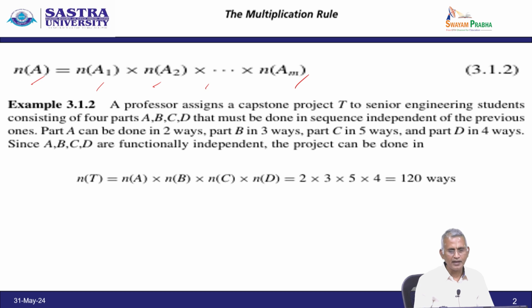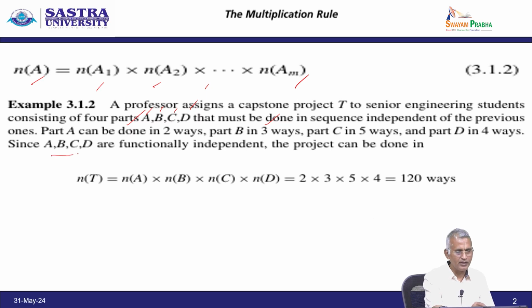A professor assigns a capstone project T to a senior engineering student consisting of 4 parts A, B, C, D that must be done in a sequence, independent of the previous ones. Part A can be done in 2 ways, part B in 3 ways, part C in 5 ways and part D in 4 ways.